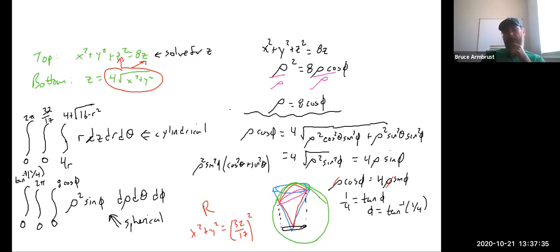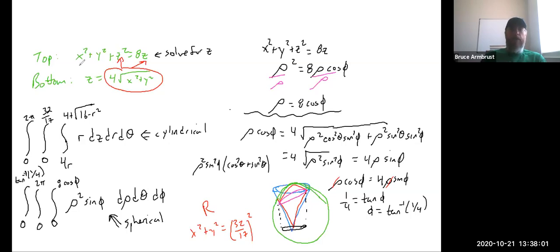So maybe this is a good time to address Victor's question, right? Because Victor before said, how can you tell whether you should use cylindrical or spherical? The actual answer is that you can use either one. I mean, you can use any of the three and it'll be fine. But there are some circumstances where one form is better than the other.